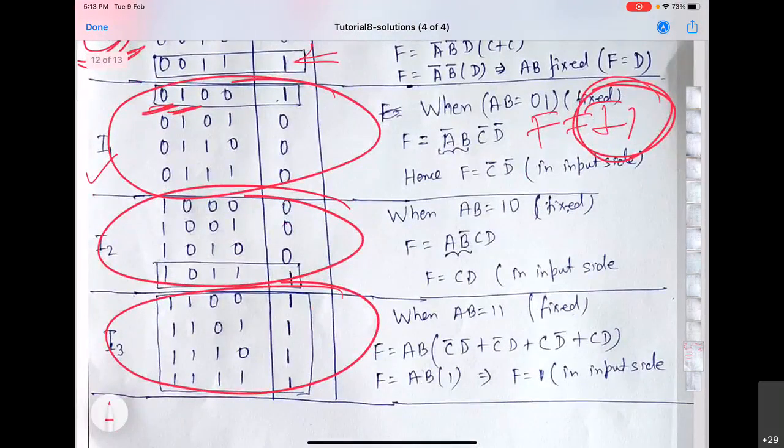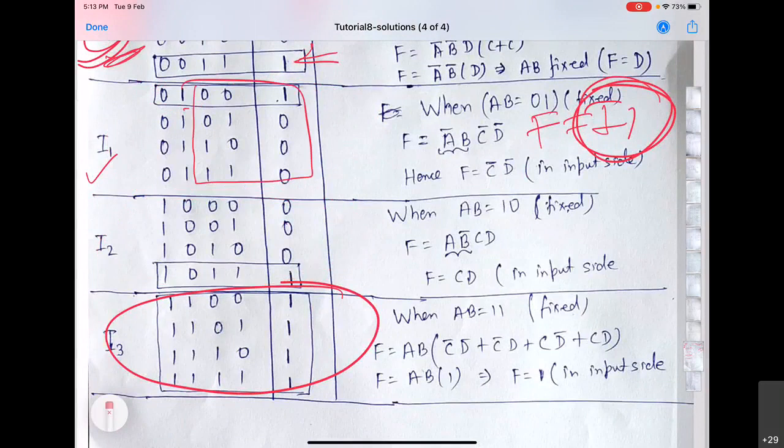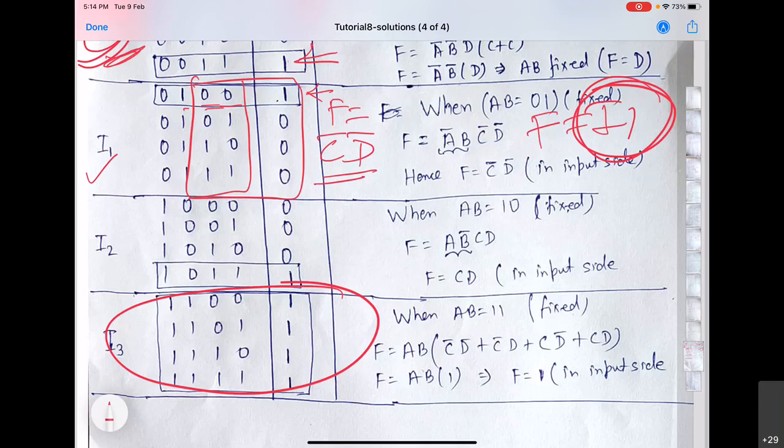Here I have C and D and the function value is given. F is equal to 1 only when both C and D are complemented. So F is equal to C bar D bar, and this cannot be further minimized. That is why this will be connected to I1.